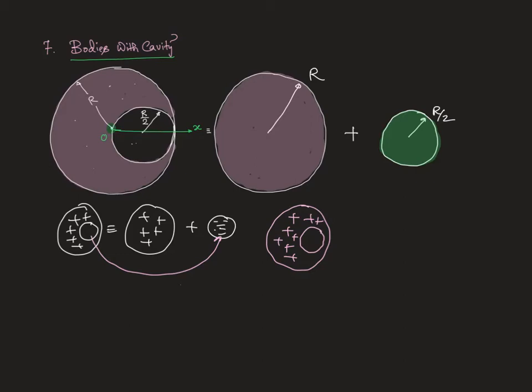Suppose sigma is mass per unit area. So the mass of the actual disc is how much? Suppose this is mass m, this is m1, and this is m2.